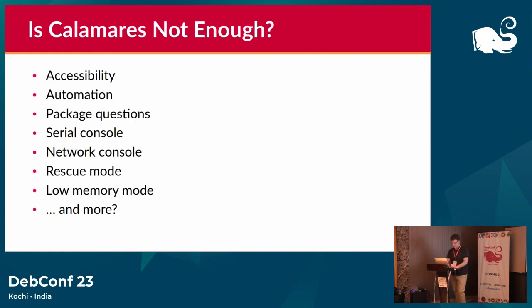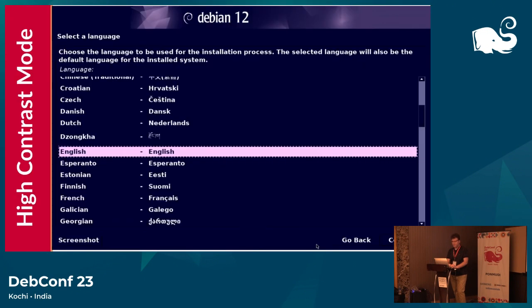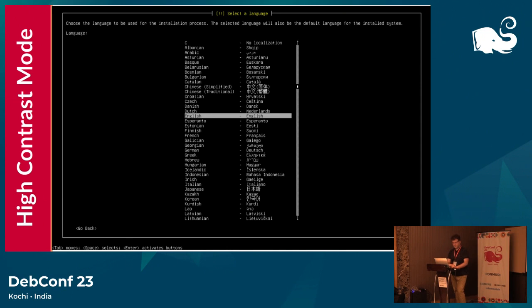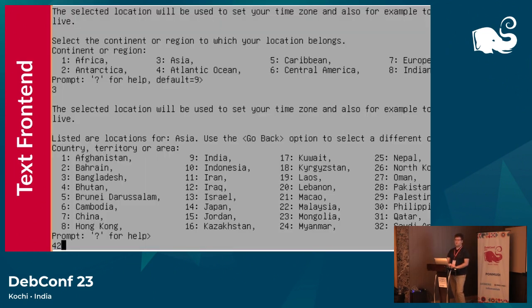Let's have some more visuals from the Debian installer. This is a high contrast mode for the graphical installer, which increases the font size and turns it into a more easily visible system. It's also possible to do that with the text-based front end, and there's also a speech text front end, which is just printing the question and reading an answer in terms of a number.